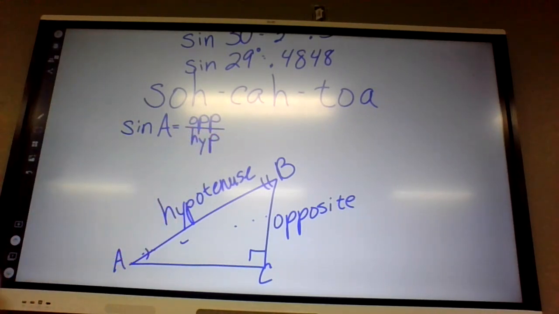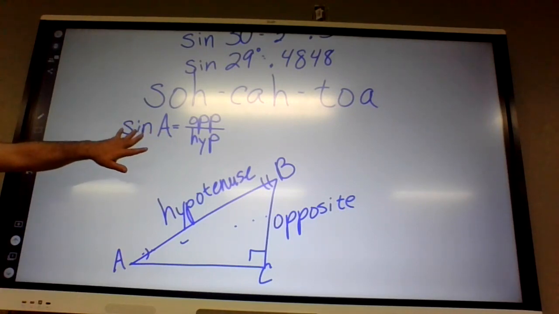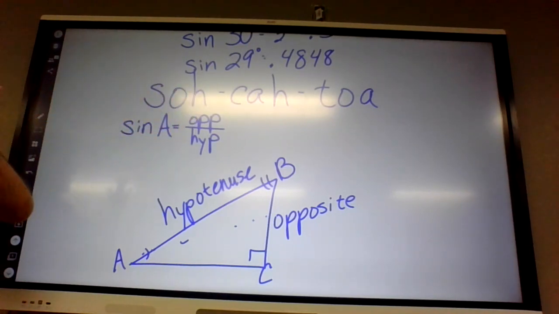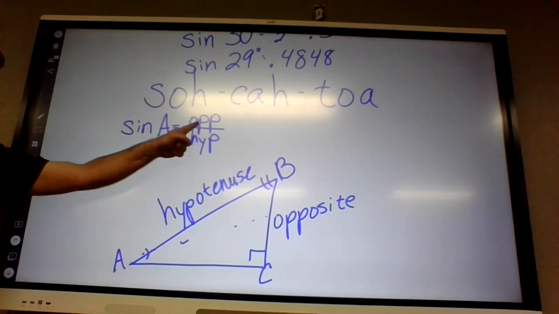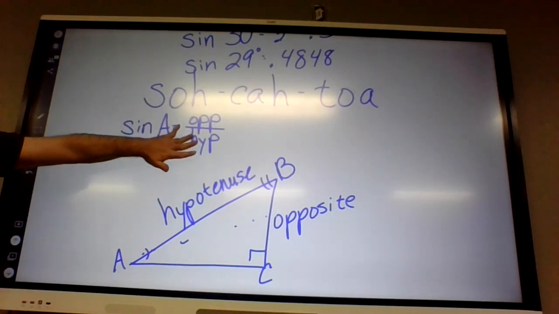Hypotenuse. So what this means is when you put an angle into the sine function, like if you plug sine of 30 into the calculator, it's going to spit out a ratio equal to the opposite over the hypotenuse.